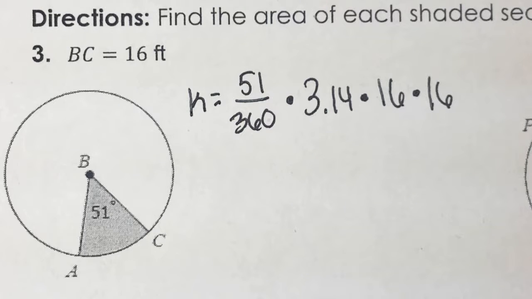It's like 5 numbers. 51, 360, 3.14, 16, 16. Do 51 divided by 360 in the calculator first, then multiply by all the other stuff. What y'all got? Make sure y'all put this in the calculator so you can see it too. 113.